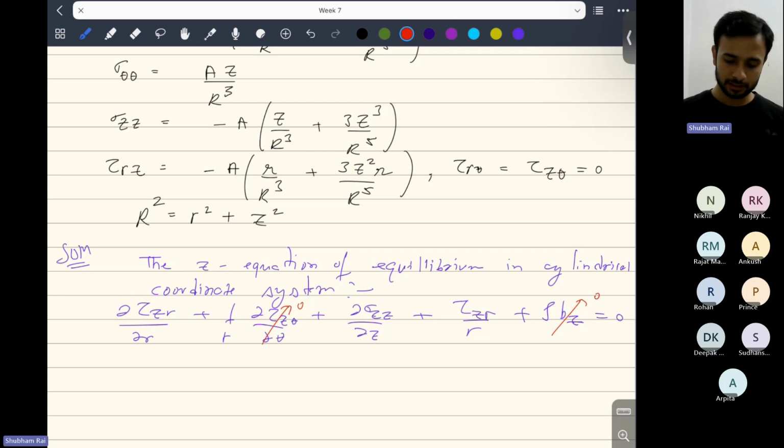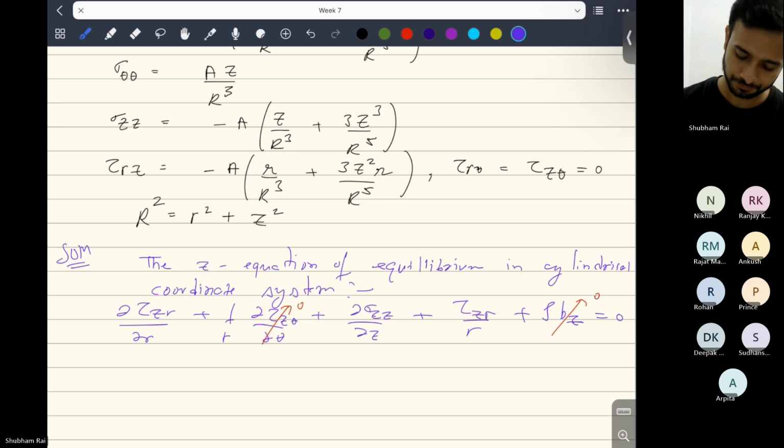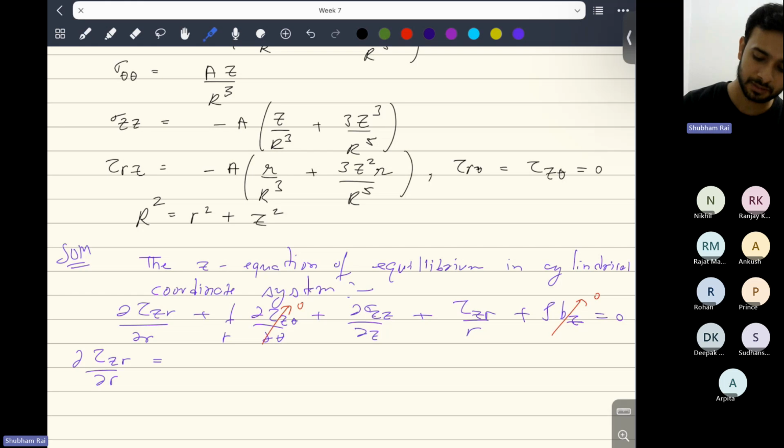Now we need to find the first term, the second term, and this term. So let's find them out. First we need to find del tau z r over del r, and tau z r is equal to tau r z. We have to differentiate with respect to small r, and please remember that capital R is also a function of small r.